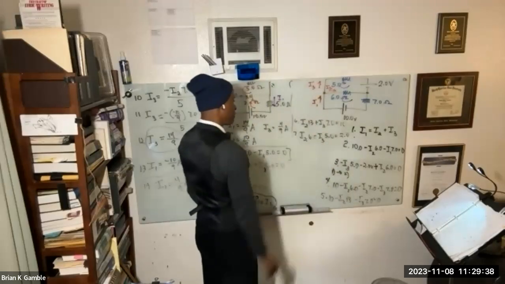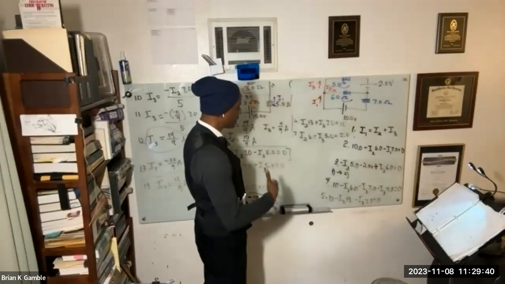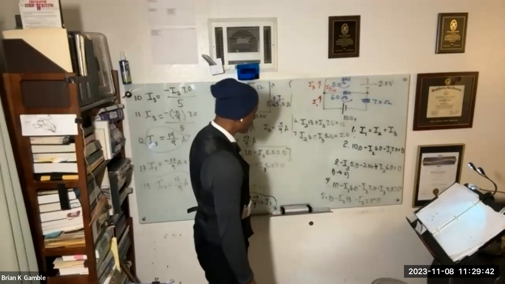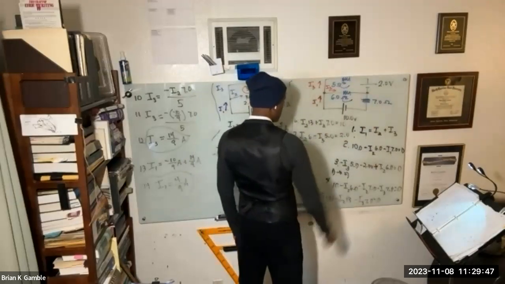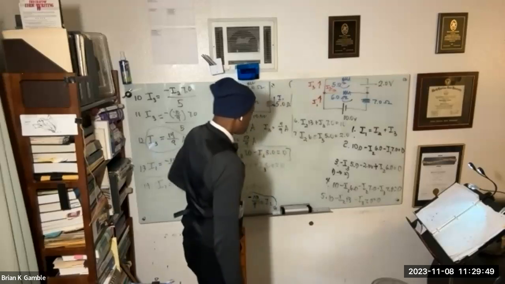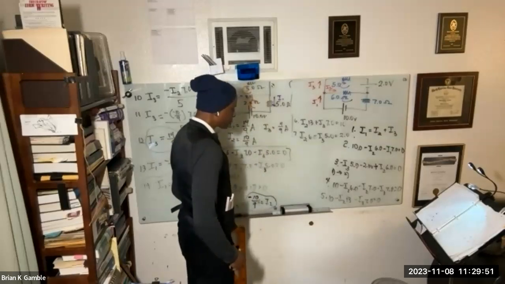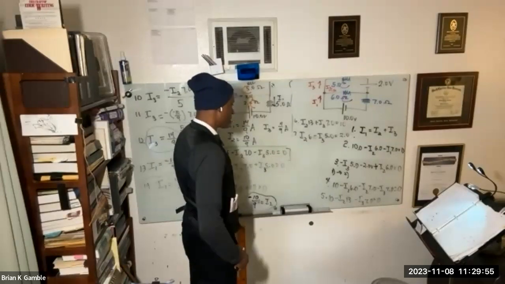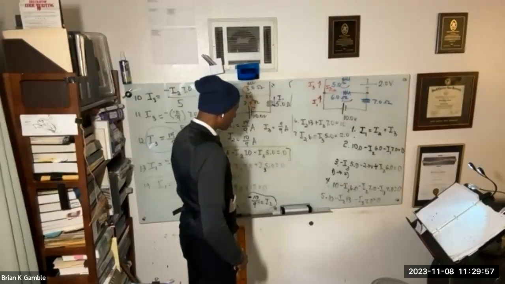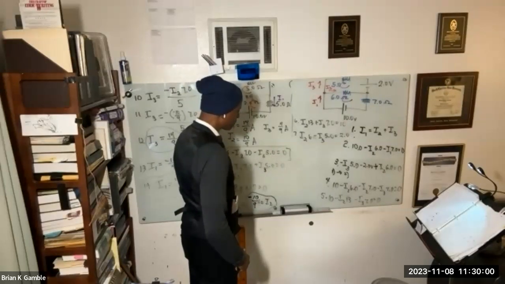And that's what it would look like to begin to set it up like a matrix. You have three columns, the I2 column, the I3 column, and then you have the voltage on the other side. As I said, I'm not doing that method, but just to show you the possibility of what that would begin to look like if you wanted to go that route.